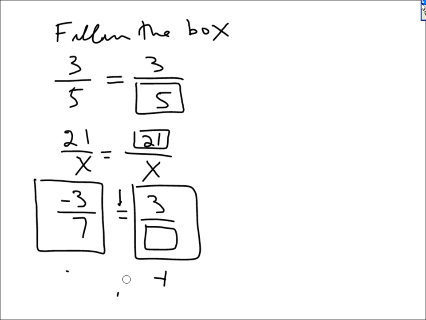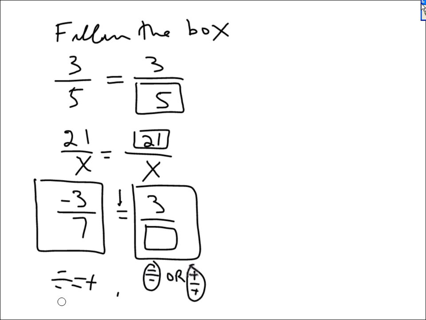Now, if on the left, in the first big box, the top and the bottom are both the same, that is, if we did have negative over negative, well, the right side can either be negative over negative or positive over positive. Why? Because negative over negative is positive, just like that is, and just like that is. Both sides will be positive.